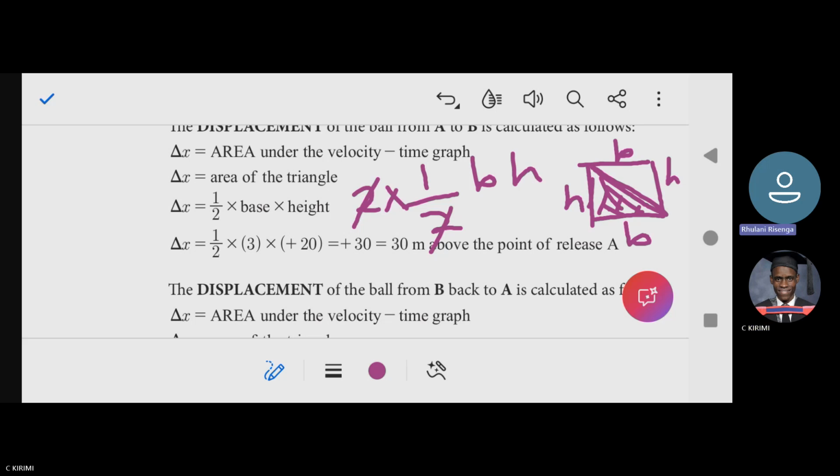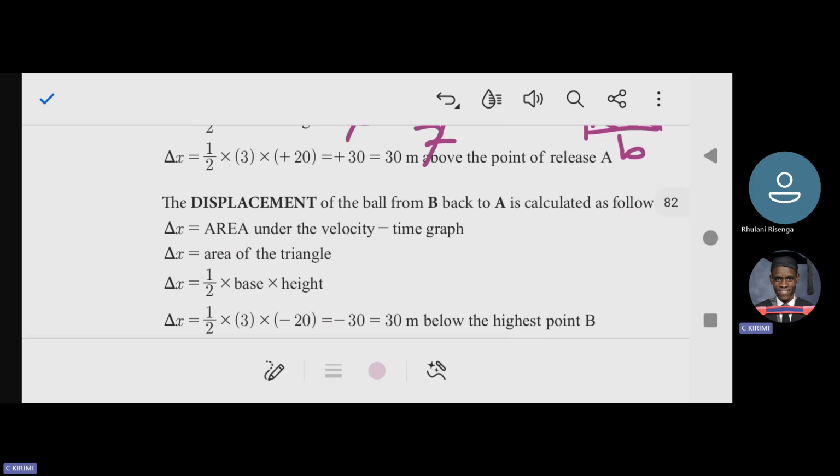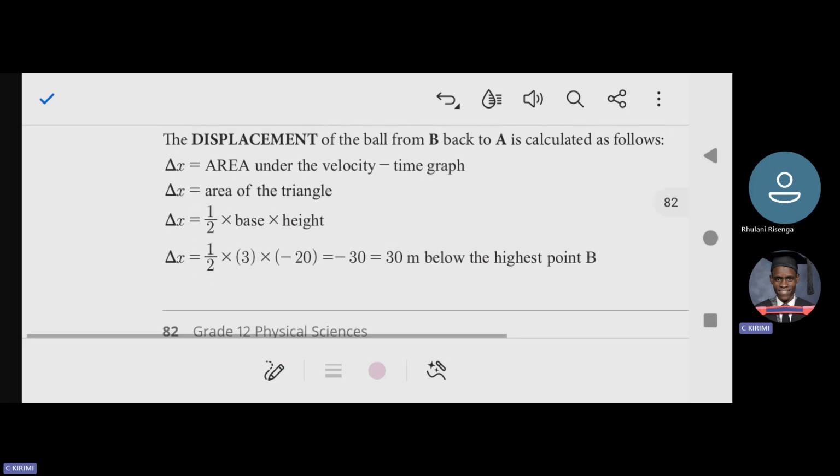No, sir. So here they've indicated the calculations to say the change in x is the area under the velocity-time graph. The area is half base times height, which is half times 3 times 20, which gives 30 meters. Then the displacement of the ball back to A, another distance, is 30 meters again.